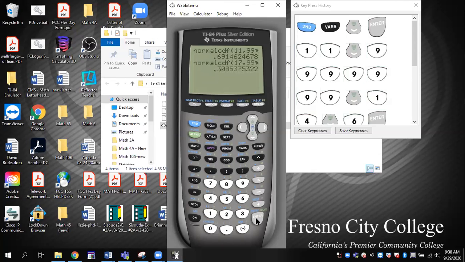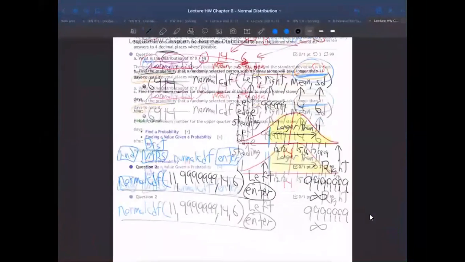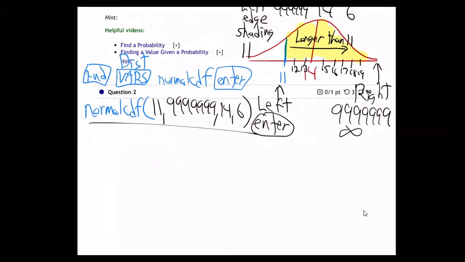Let me go back to my iPad and show you again from there. Let me write out how it looks for those that have the newer kind.